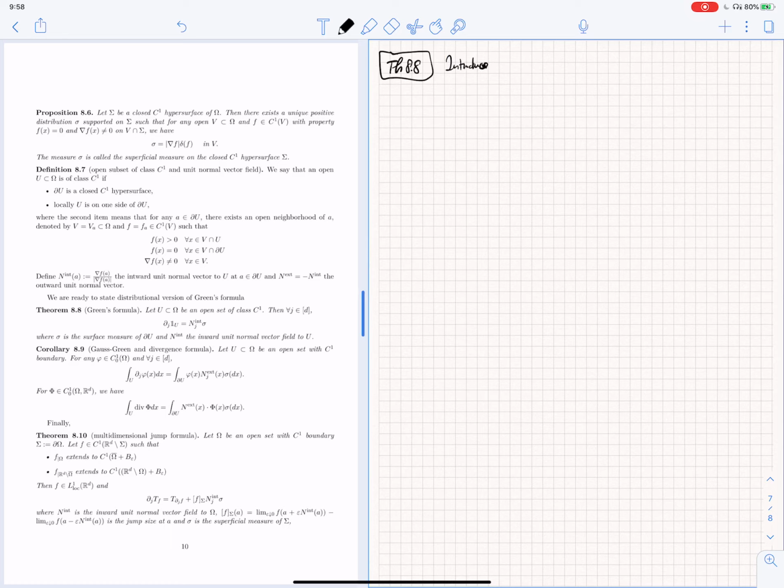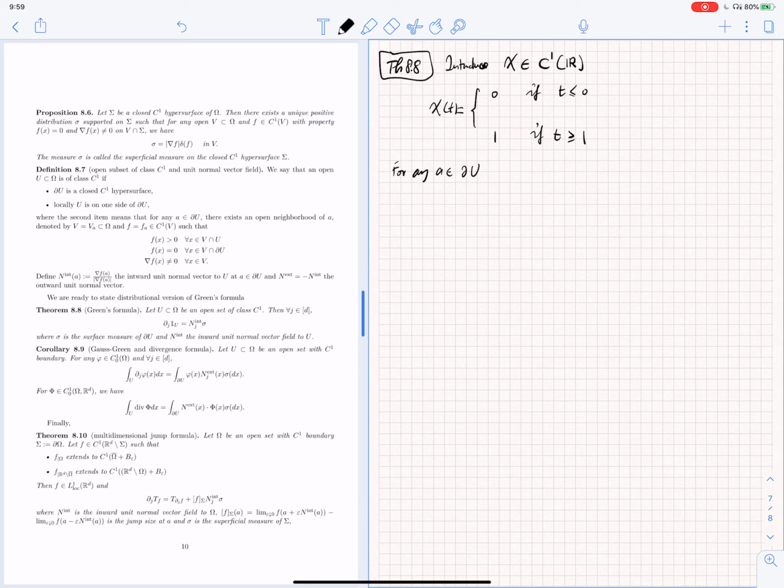We introduce a chi function, which is C1 on the real line, such that chi of t is equal to 0 if t is negative or 0, and equal to 1 if t is larger than or equal to 1. We don't care about its value in between. So we are going to have this for any A on the boundary of U. We're going to show this again locally.